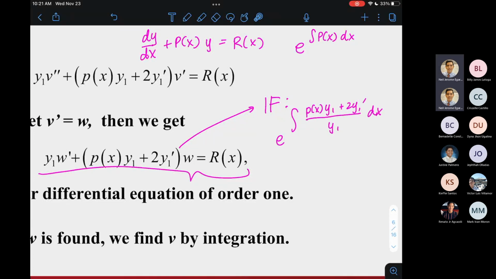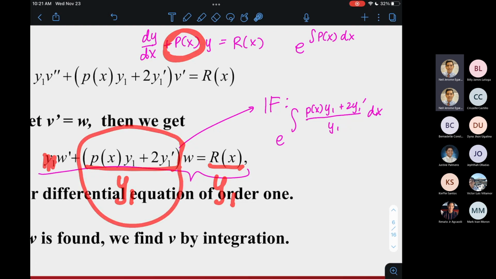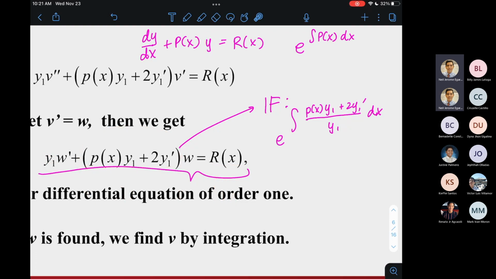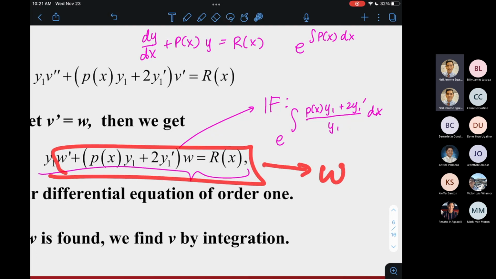Because I need to divide both sides by y1 first so that only w prime is left, isolating w prime. This will be divided by y sub 1. And the integrating factor, remember, is e to the integral of p. So here it is e to the integral of this. That will be the integrating factor. So we can solve this and find w.